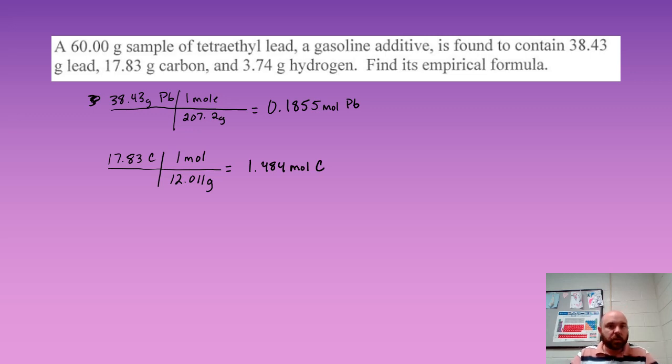And then we will figure out how many moles of hydrogen we have. 3.74 grams of hydrogen. Set up a mole conversion. 1 mole of hydrogen has a mass of about 1.008 grams.